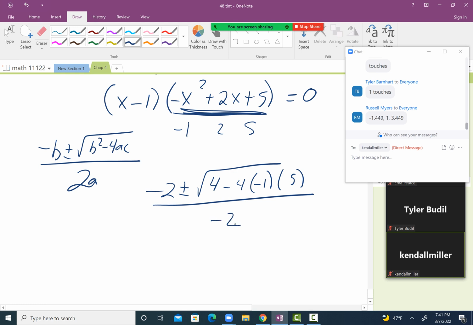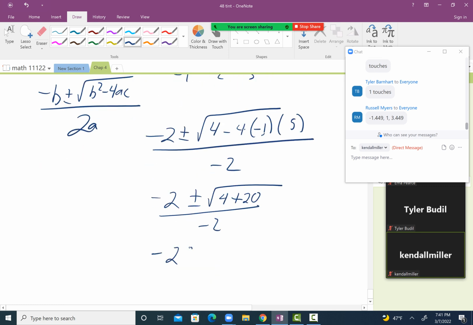So I'm going to go negative 2 plus or minus the square root. I get a negative 4 times a negative 1, which is a positive 4, times 5, which is 20. So that's going to be a plus. Negative 2 plus or minus the square root of 24 over negative 2.